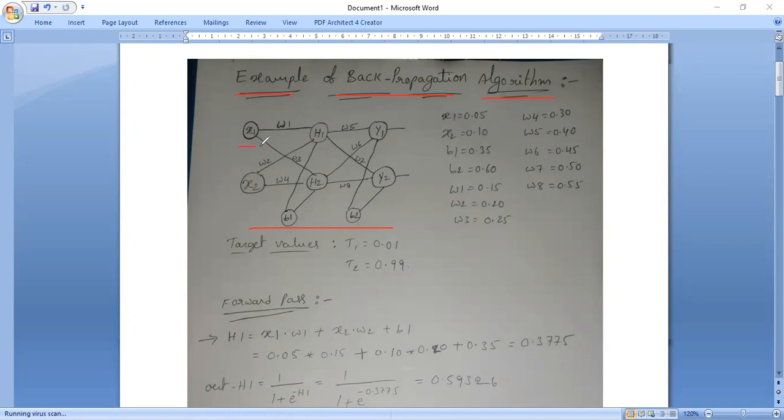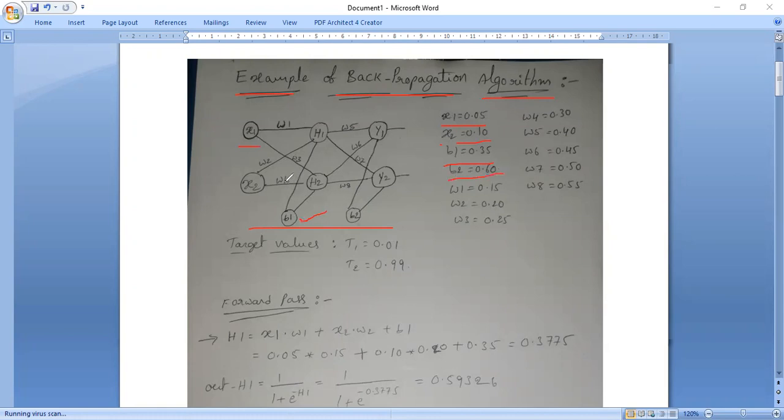Here I have substituted the x1 value as 0.05 and the x2 value as 0.10. The bias b1 value is 0.35 and the bias b2 value is 0.60.